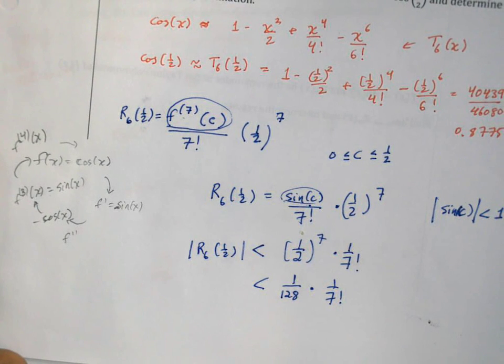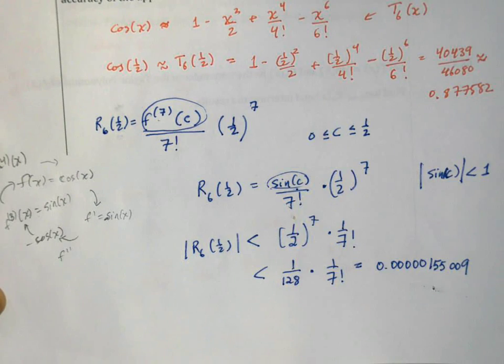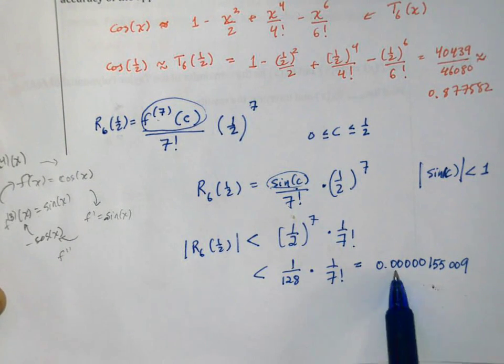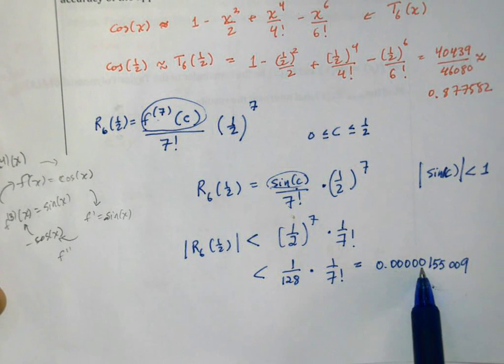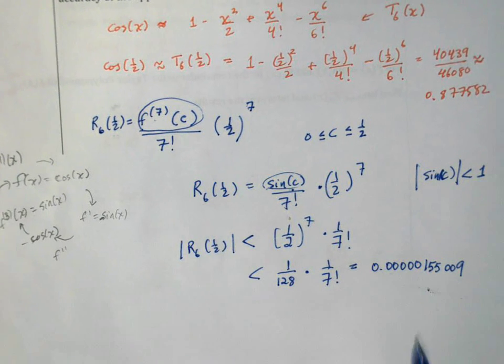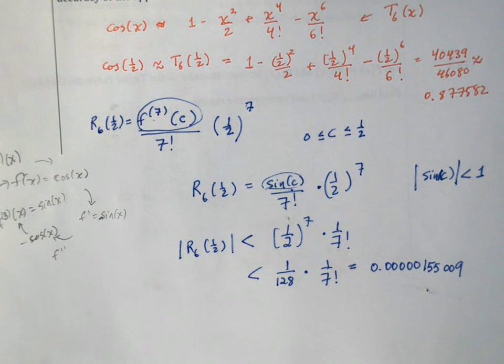Let me calculate what that is. So all of that is 0.00000, 1, 2, 3, 4, 5 zeros, 155009. Okay, so this is quite amazing.